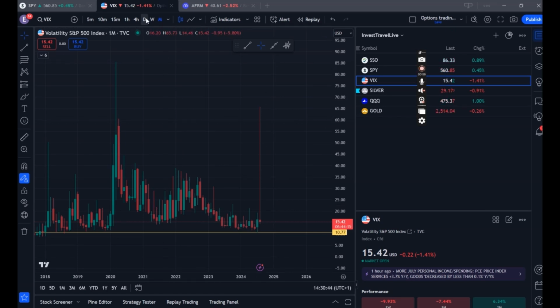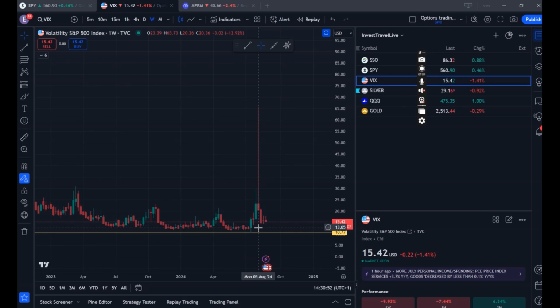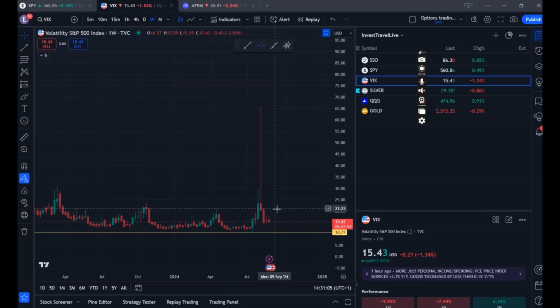I had some options that were expiring in, I can't remember exactly, might have been July, but it was right before, like around 2 weeks before this spike. So I was pretty annoyed that I didn't manage to catch this spike, although I had options a very short period of time before that.